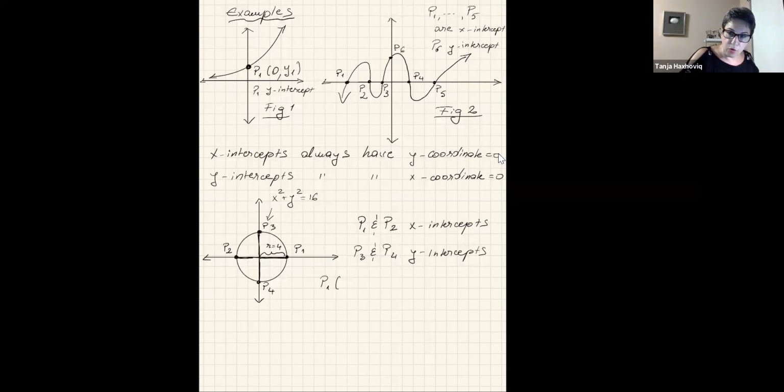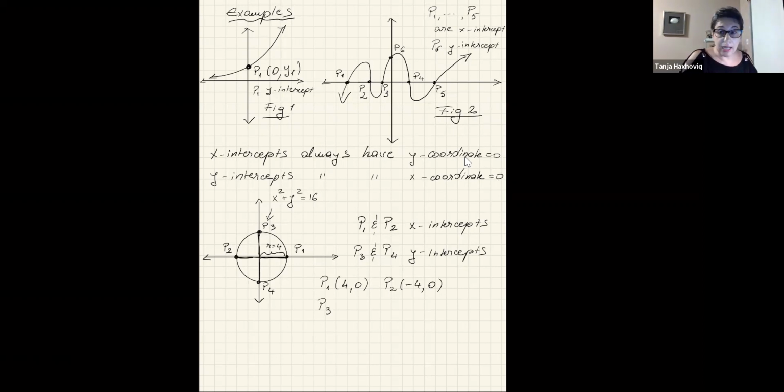Since P1 is 4 units to the right of 0, the x-coordinate is 4 and the y-coordinate is 0. P2 is 4 units to the left of 0, so its x-coordinate must be negative 4. Again, the y-coordinate is 0, according to this rule.